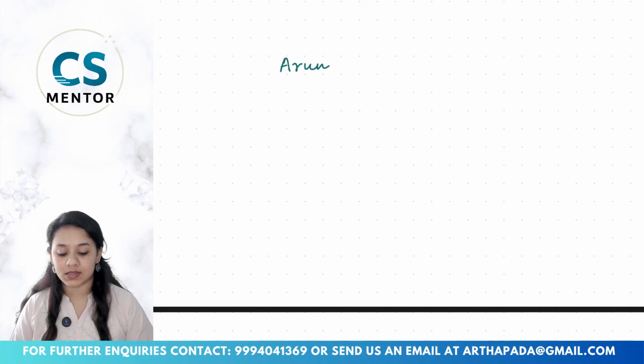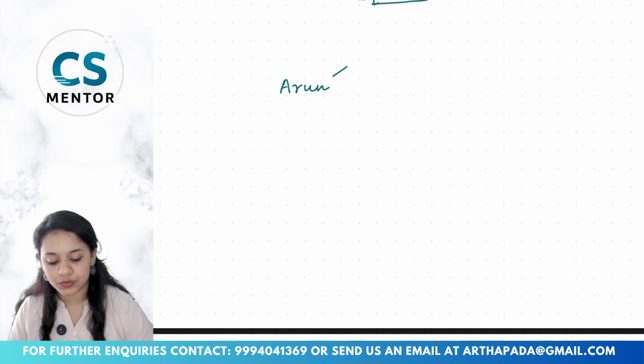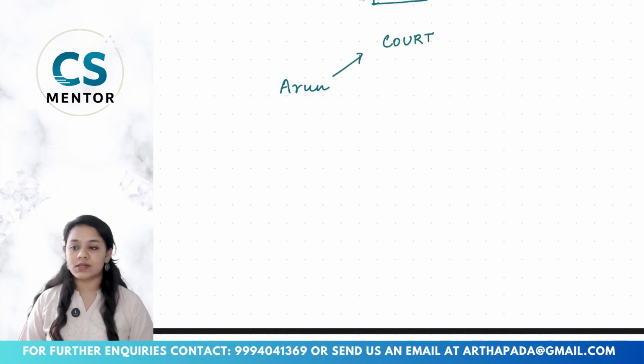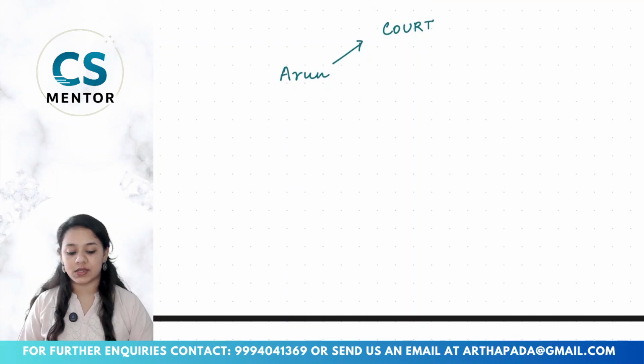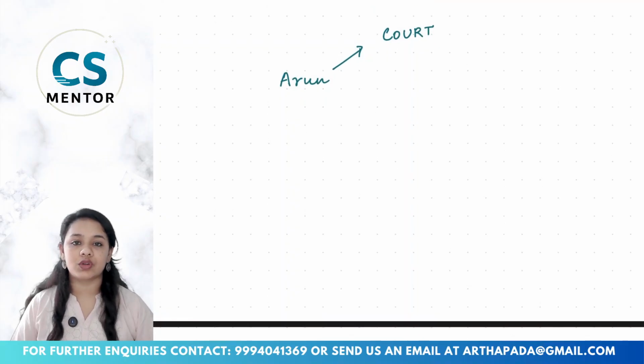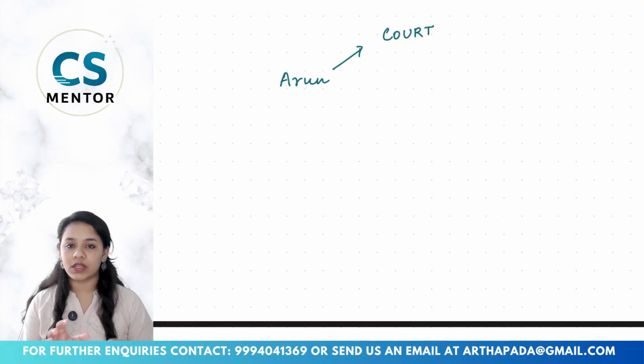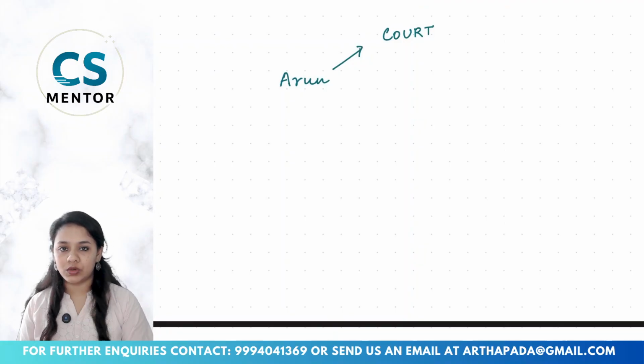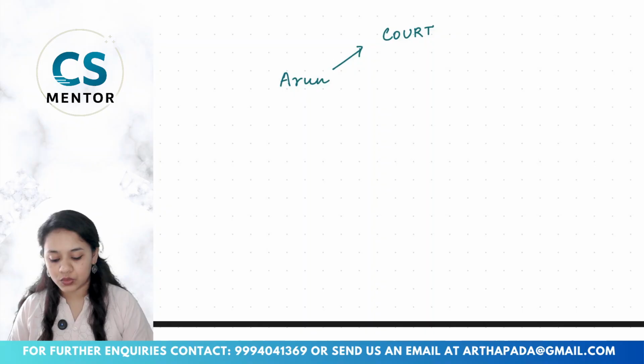The answer is yes. Arun can approach a court. This is the first element that we're going to start seeing with respect to how your CPC starts. So, what can we understand from here? That Arun is an individual and Arun has some kind of a right which is violated.